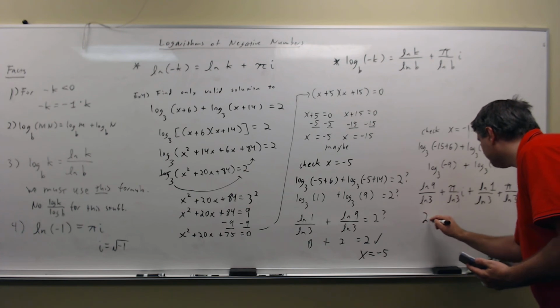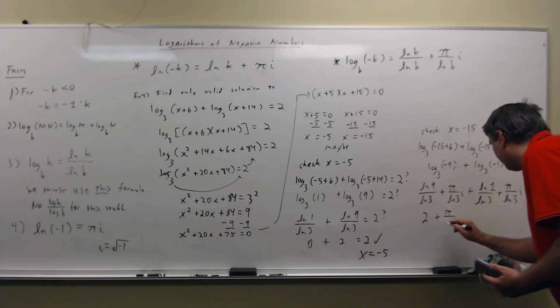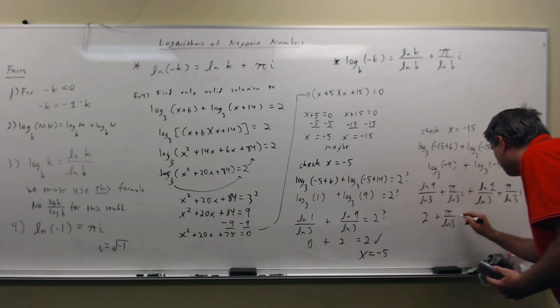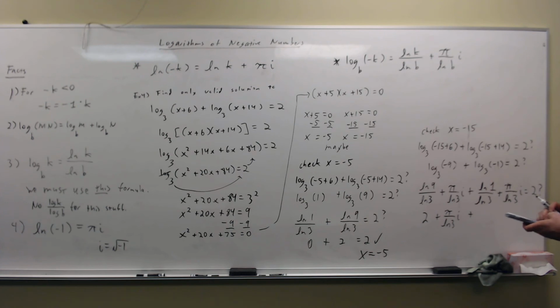That's 2. Plus pi over the natural log of 3, because we can't do anything with this, plus the natural log of 1 is 0, divided by natural log of 3 is still 0, plus another pi over natural log of 3 times i. Does it equal 2?